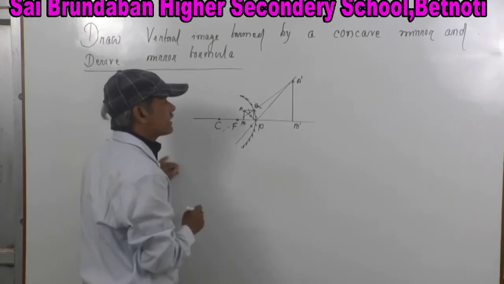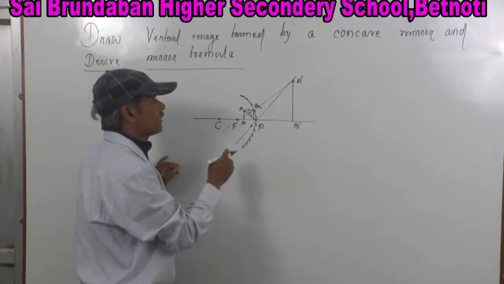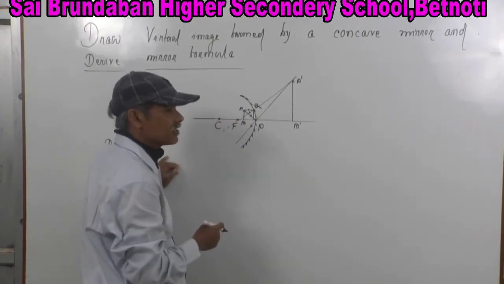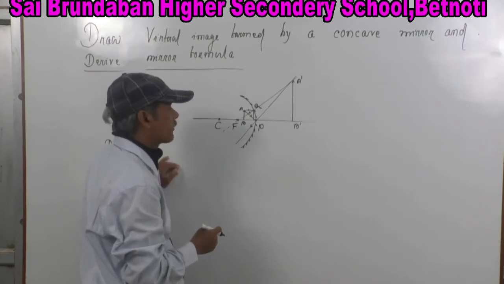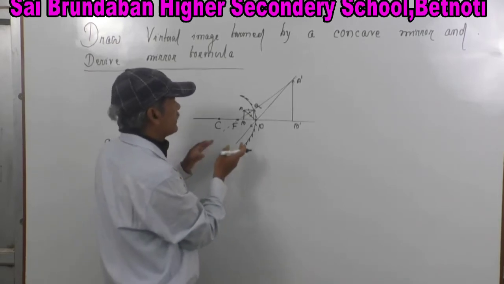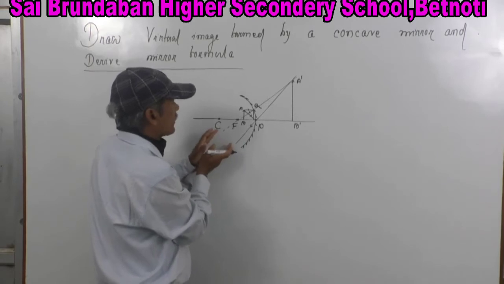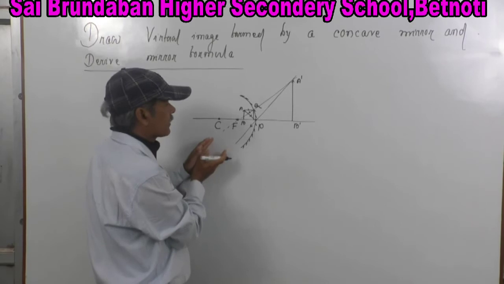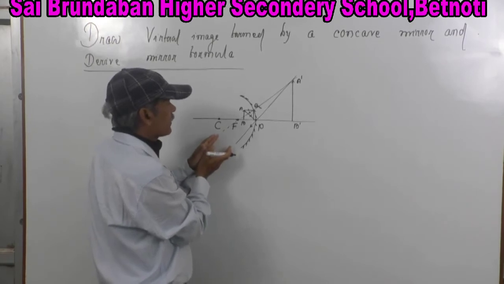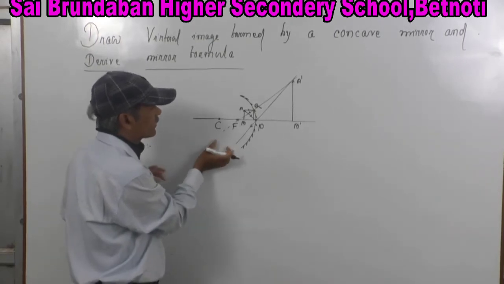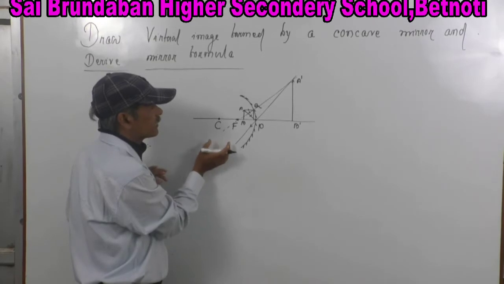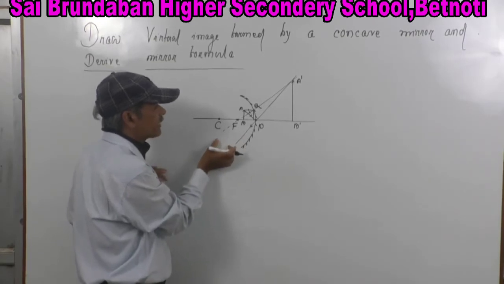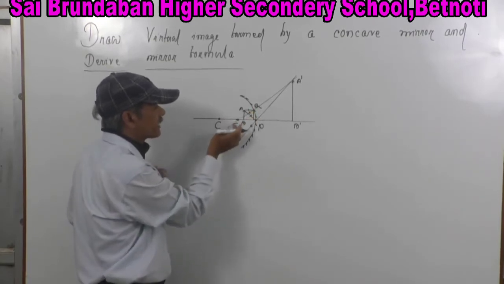In both the cases, the incident angle is equal to the reflected angle. Here you see the reflected rays, both the reflected rays.